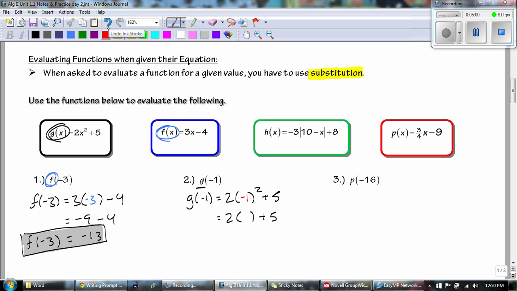Negative 1 squared means negative 1 times negative 1, which is a positive 1. Next, we would do multiplication. 2 times 1 is 2. Plus 5, we get 7. So g of negative 1 is 7.